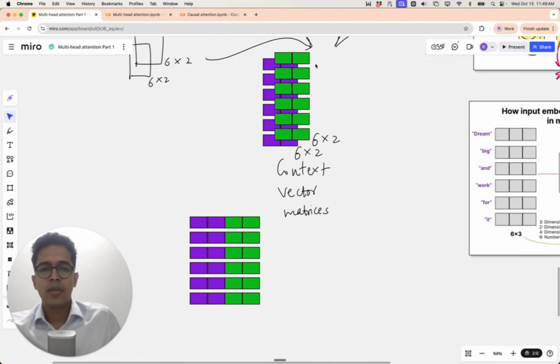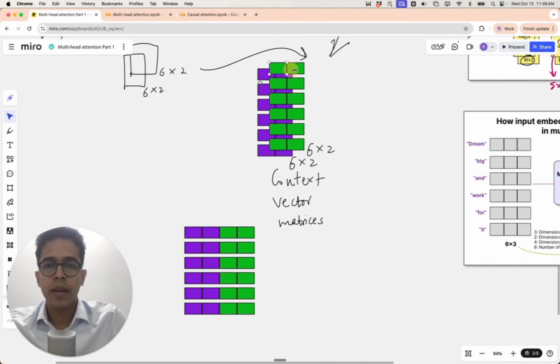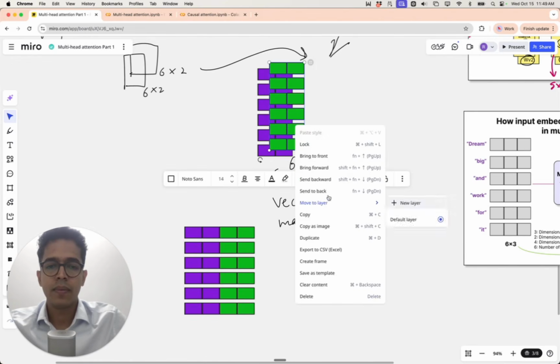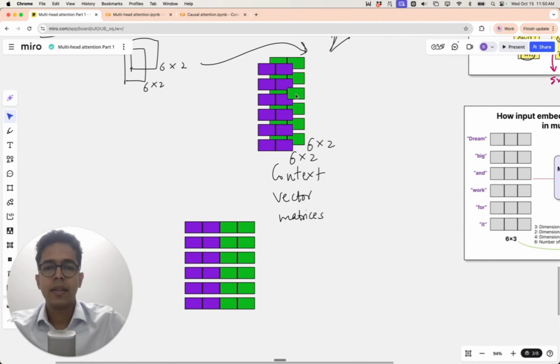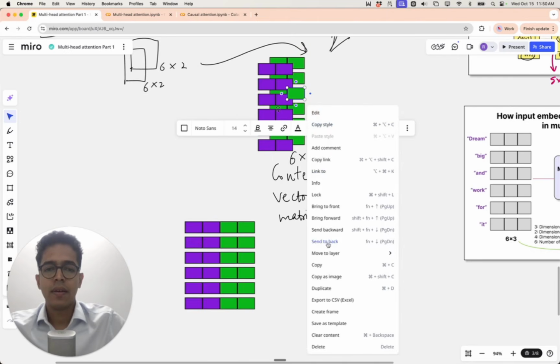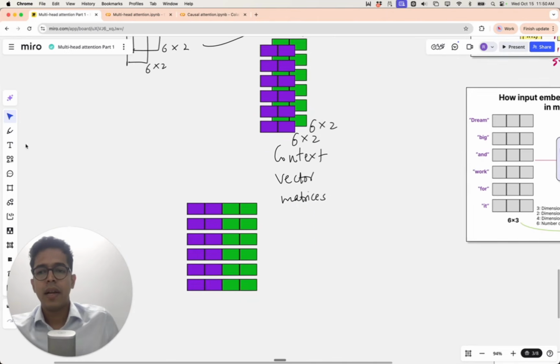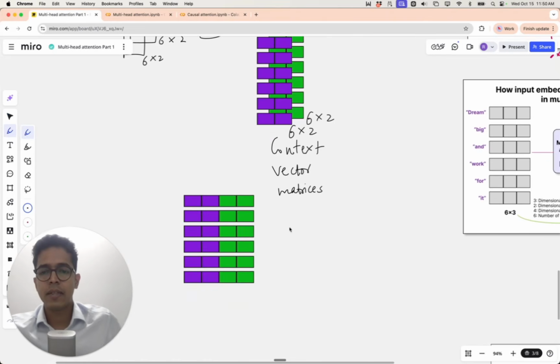So first matrix should come first. So here I should probably bring this to the back layer to not confuse you. Yeah. So now if you concatenate, it will look like just one matrix of dimensionality, what? 6 by 4.